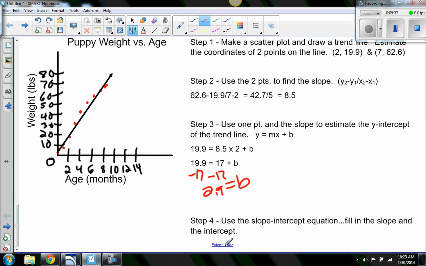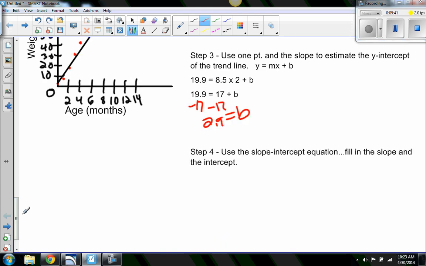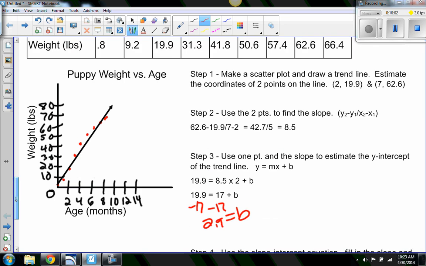Then the last part, use the slope-intercept equation, fill in the slope and the intercept. Again, we have y equals mx plus b. We just found our slope, right? It's 8.5. And we just found our intercept, which is 2.9, so I can plug it in. Now, it asked us a question. It says, what is the approximate weight of a 10-month-old puppy?